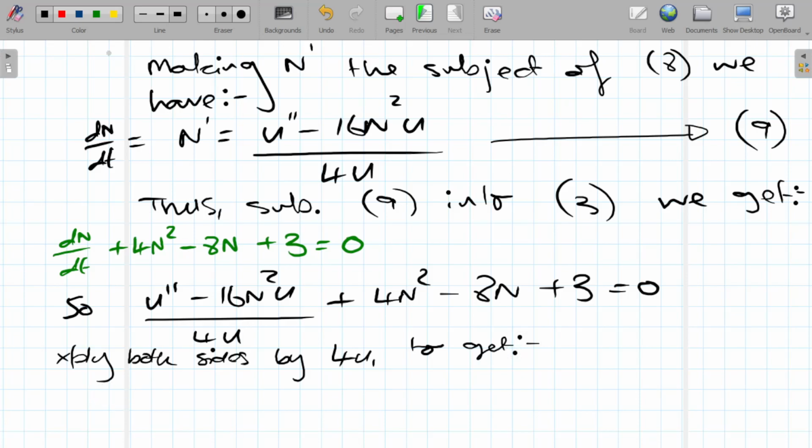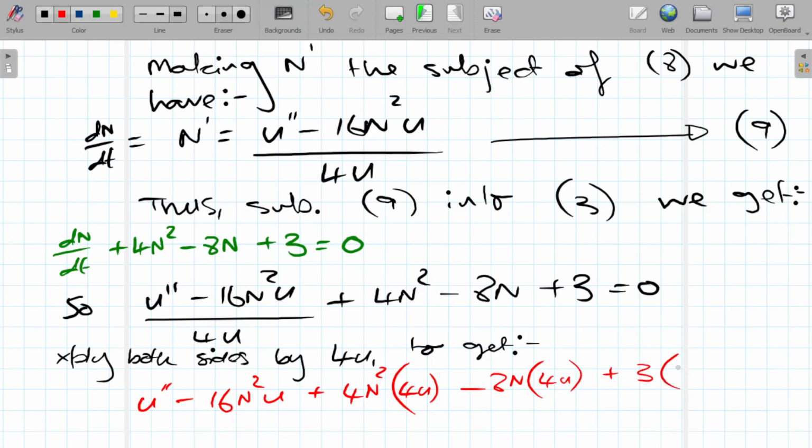and on this side we get, I'm going to write it in red, u double prime minus 16n squared u. That doesn't look very neat, does it? u double prime minus 16n squared u plus 4n squared times 4u minus 8n times 4u plus 3 times 4u, and that's equal to 0.